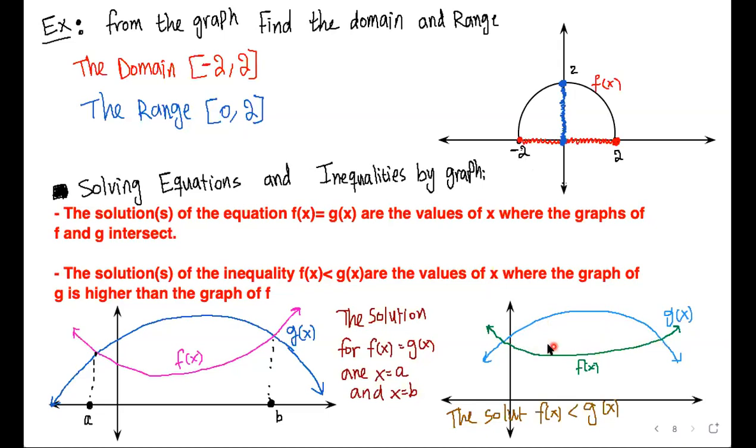This means the set of solutions for the second inequality starts from this point, A, until this point, this is B. So suppose this point here is A, and this is B. So the solution is the open interval, because we don't have equal, from A until B. Any question?